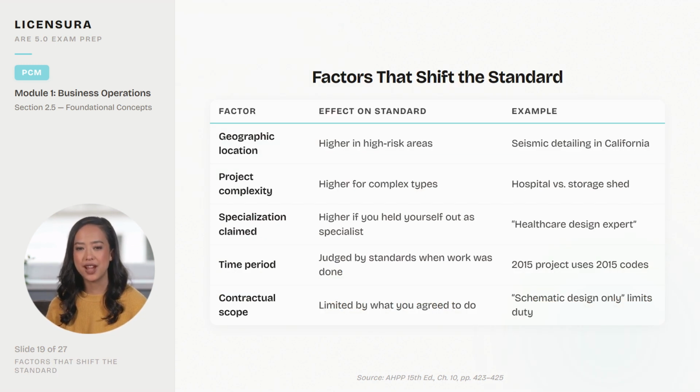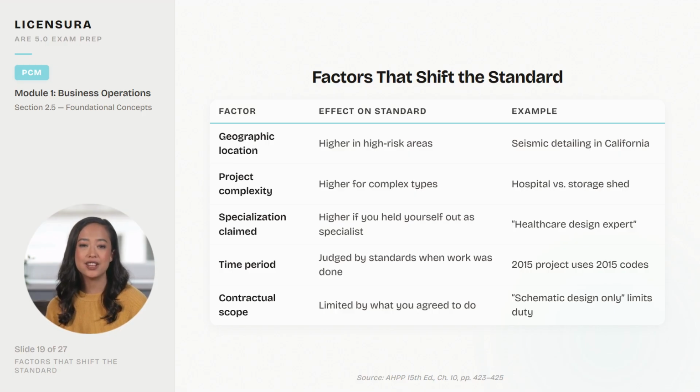Let's walk through these 5 factors. Geographic location matters. Seismic detailing in California is held to a higher bar than in Kansas. Project complexity matters. A hospital versus a storage shed carry very different expectations. And here's one that catches people. If you've claimed a specialization, you're held to specialist standards.